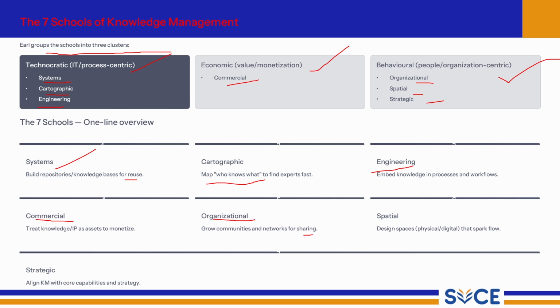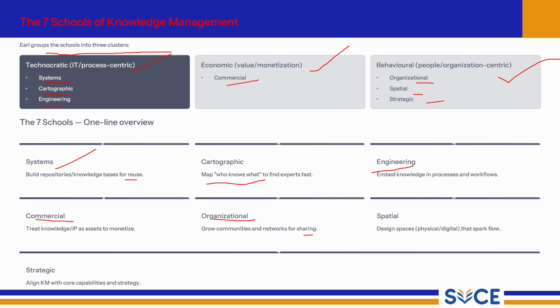It designs spaces, physical or digital, that spark flow. The spatial school believes that the right physical or digital spaces, open offices, collaborative platforms, spark knowledge sharing naturally. Spaces that make ideas flow.